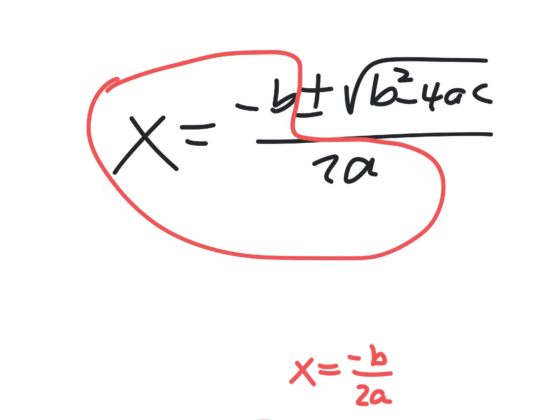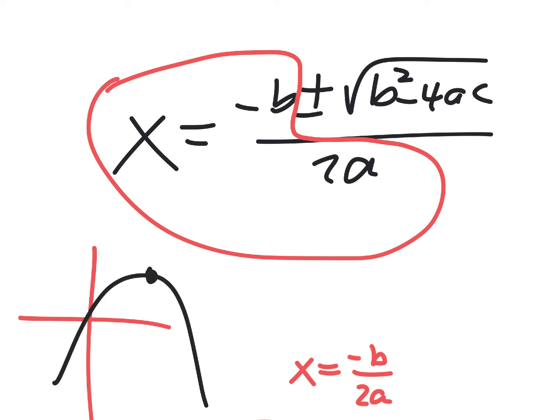You might feel like I'm singling out the vertex to be super special. Well, it is, because it's the spot where it changes direction. There's only one of those. Every other spot is not the very top, when the parabola is upside down. And of course, when the parabola is right side up, there's only one really low spot. So that spot is important. This part gives you the vertex.